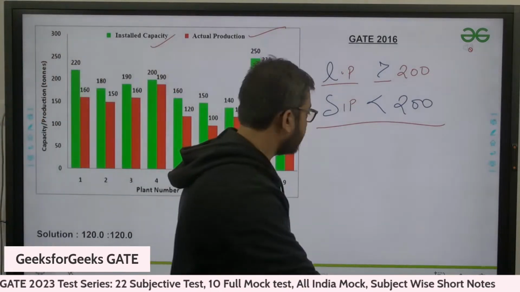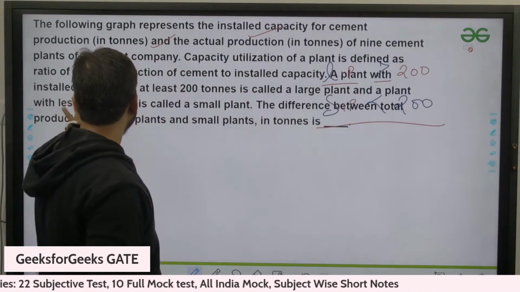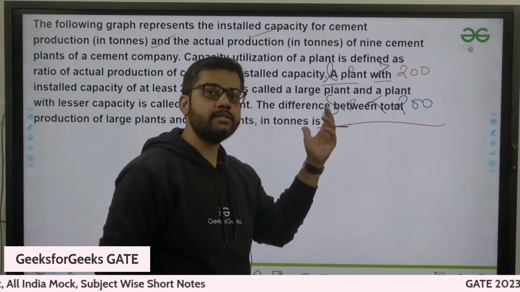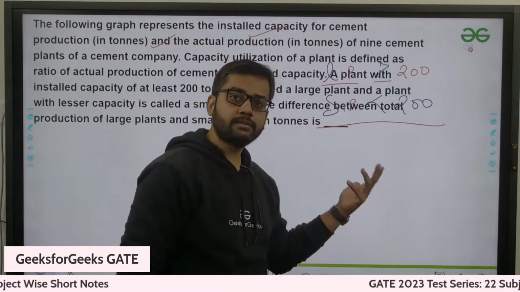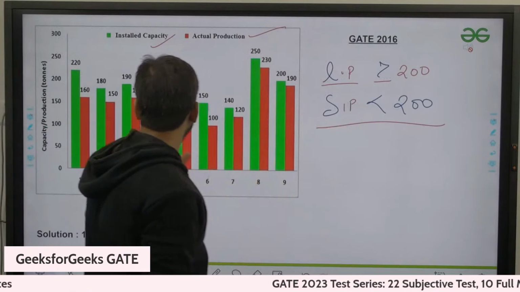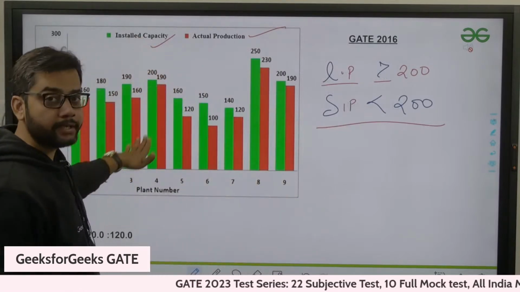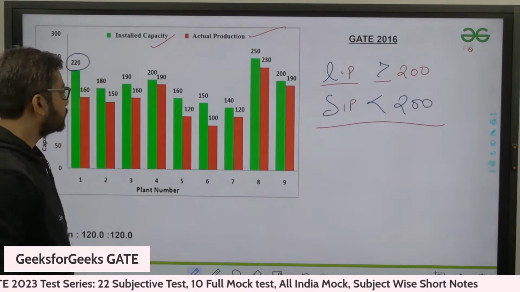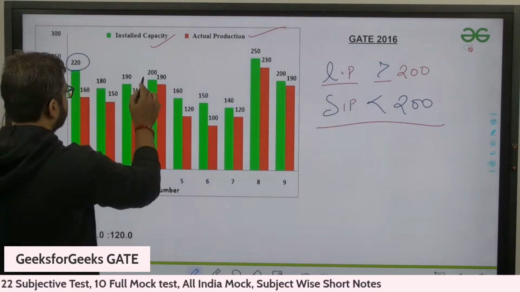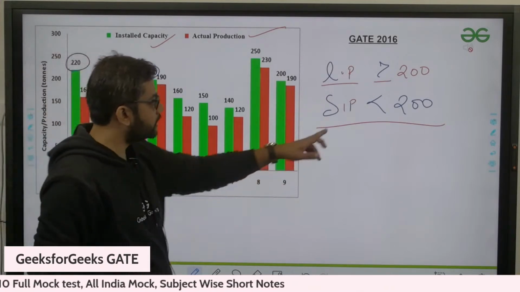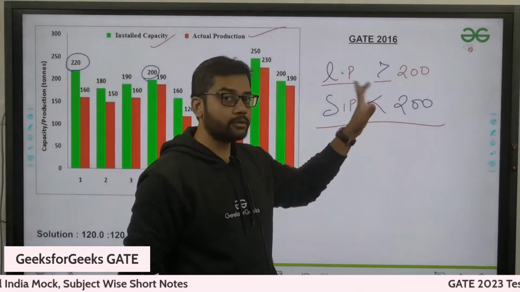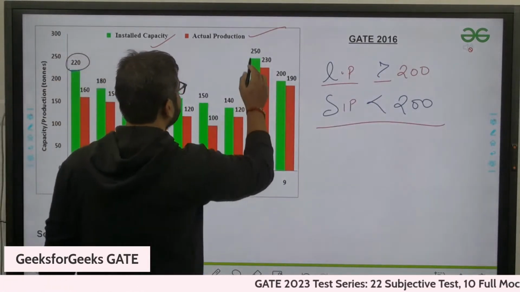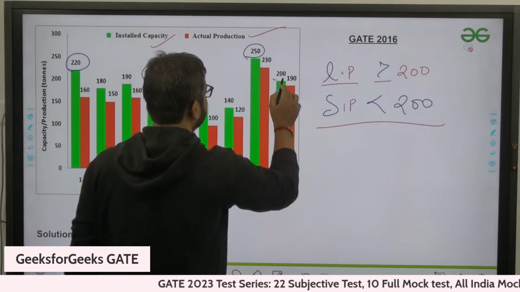In the question they have written that an installed capacity of at least 200 tons is called a large plant. So installed capacity of 200 or more is a large plant, and installed capacity is represented by the green line. This is our large plant, and this, and this, and this.